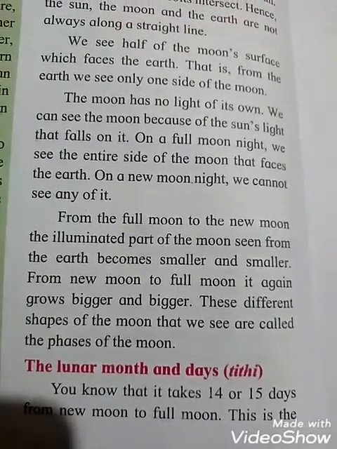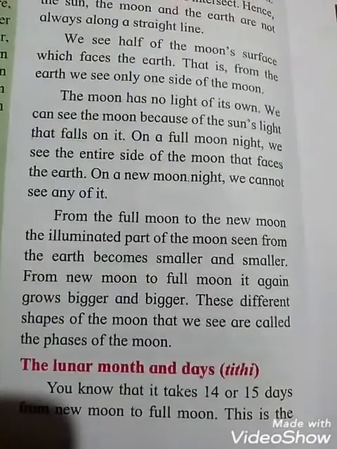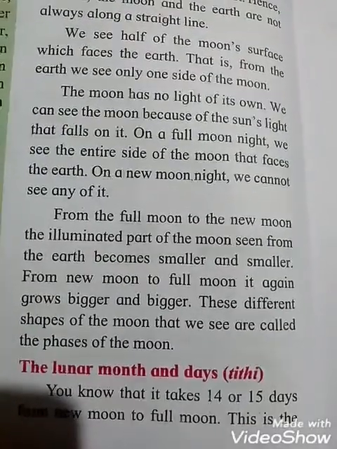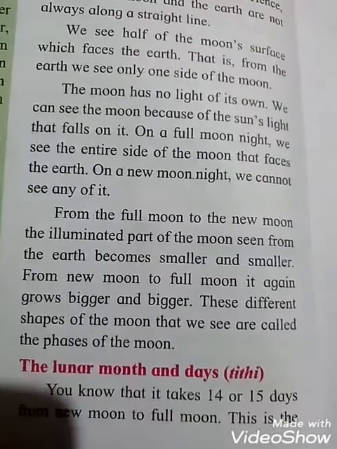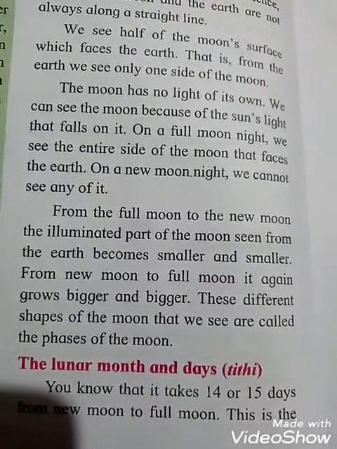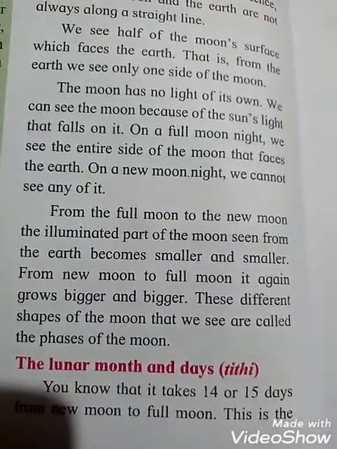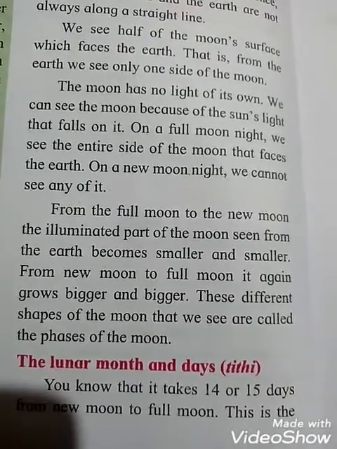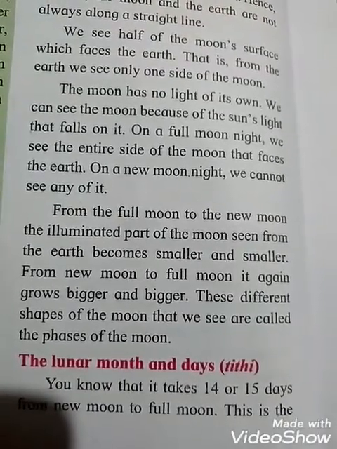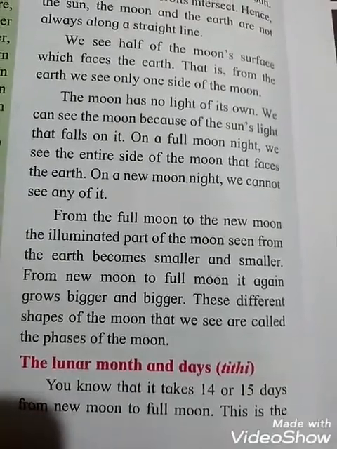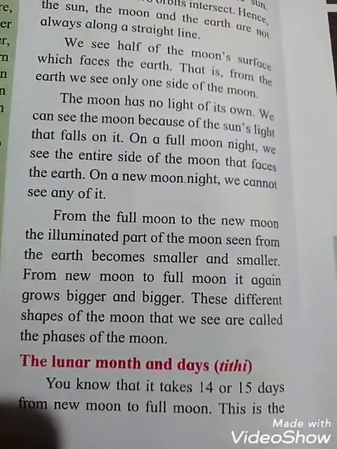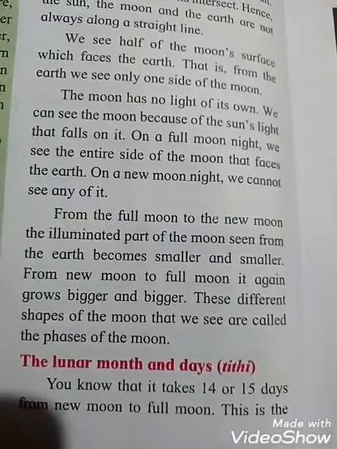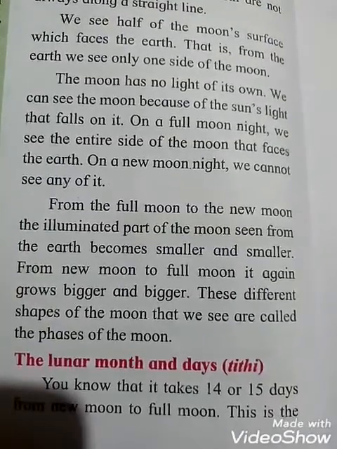That is, one day we see the full moon, afterwards it starts decreasing day by day. And see, students, one day we see there is no moon in the sky, and from the new moon to the full moon it again grows bigger and bigger, increasing. And these different shapes of the moon that we see are called, students, the phases of the moon.